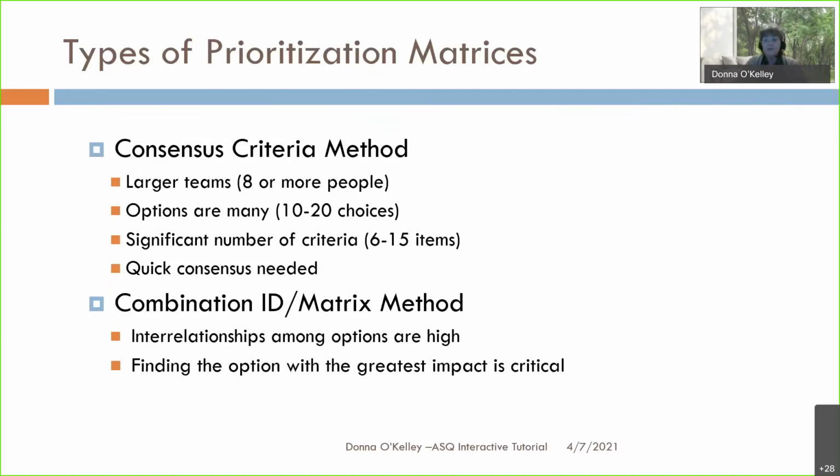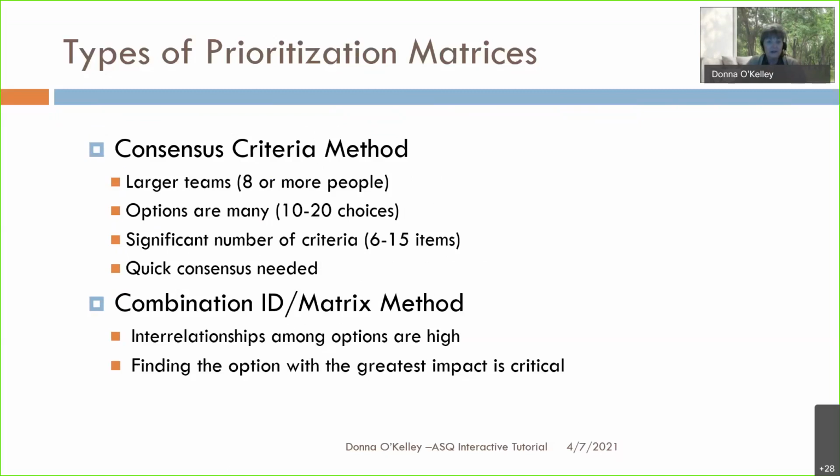Now, these prioritization matrices can get very complicated with a lot of weights and a lot of calculations involved. But the consensus criteria method is when you have larger teams, a lot more options, a significant number of criteria, and a fast consensus is needed. So if time is of the essence, maybe you want to do a consensus criteria method.